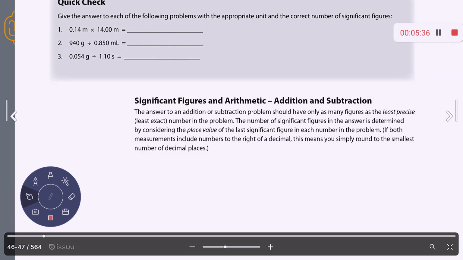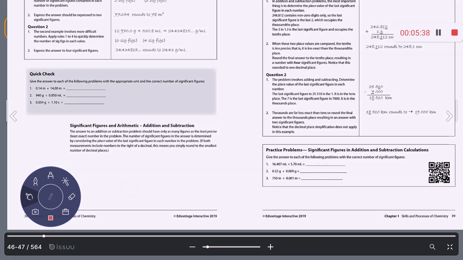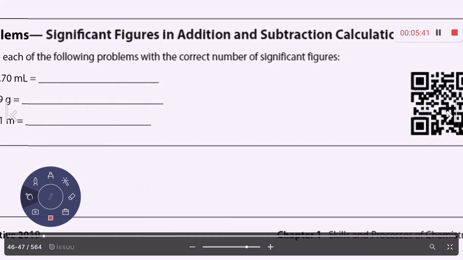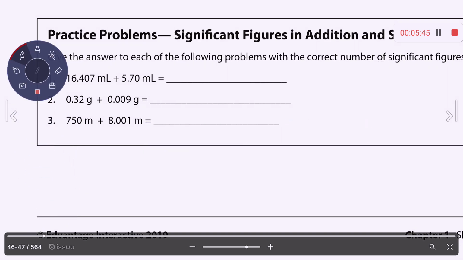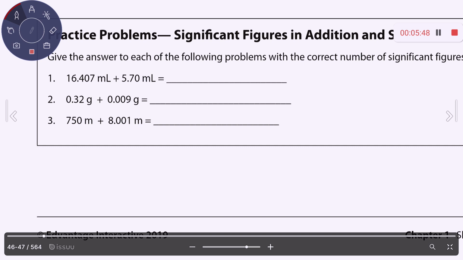So let's take a look at the next page. We're going to look at these 3 practice problems. Okay. I'm going to show you what I would do if I was doing this myself. So for number 1, I have 16.407 plus 5.70. Notice I'm lining up my decimals. Then you're going to draw a line after the term that has the fewest decimal places. Doesn't the 5.70 have the fewest because it only goes to the hundredths?